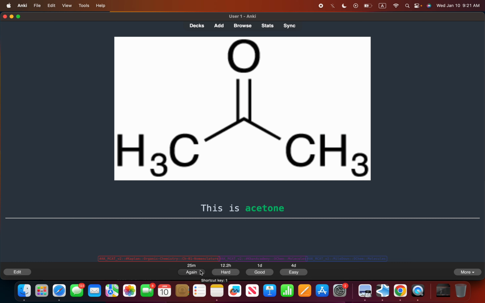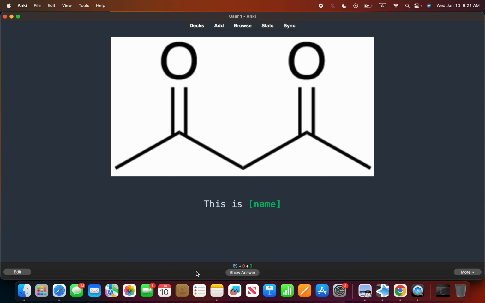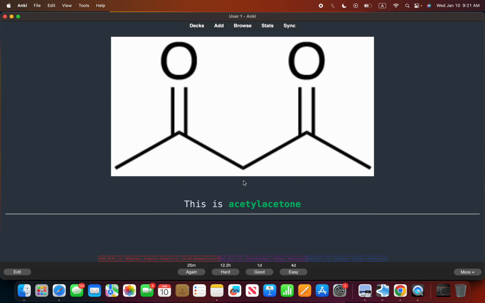What else do we have? This is pentanone, dipentanone, acetone. How is this acetone?